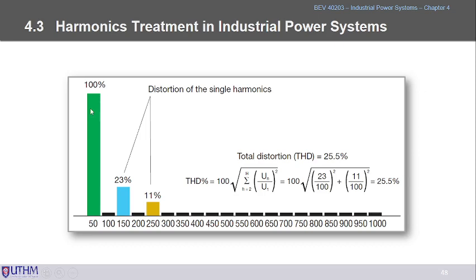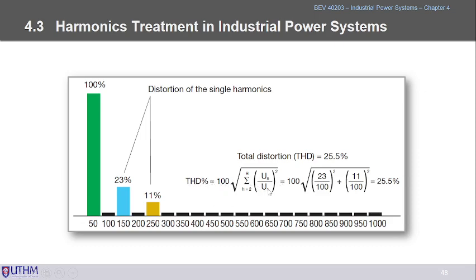This is the magnitude for the fundamental, and for the THD we start from the second one, which is the second order harmonic, third order harmonic, etc. In frequency, they are represented by 100 hertz, 150 hertz, etc. As we understood, there are two THDs: one for the voltage and another one for the current.